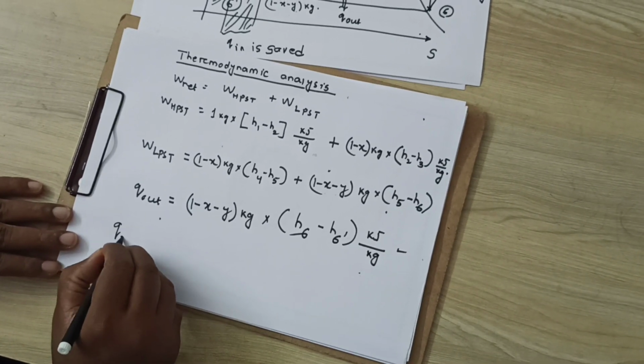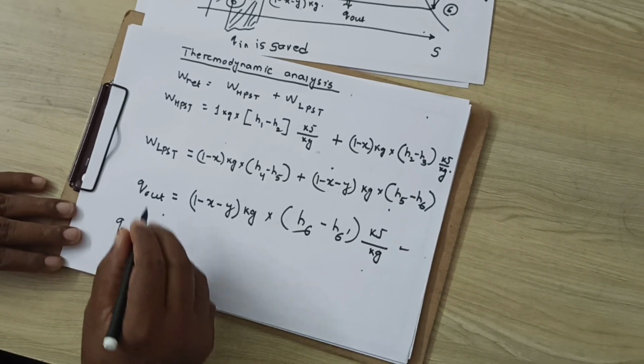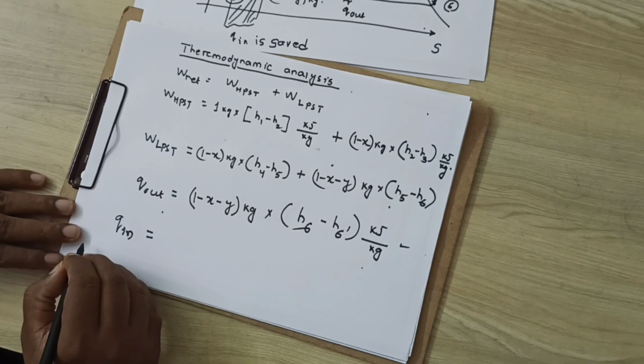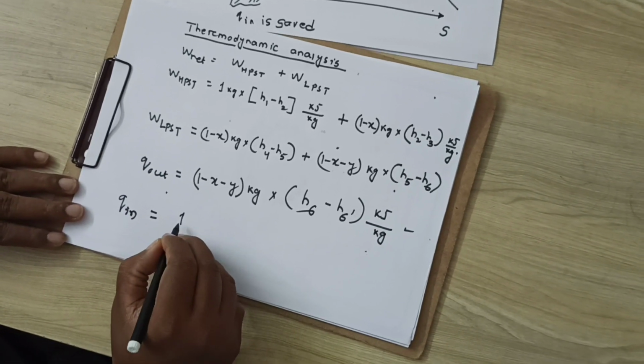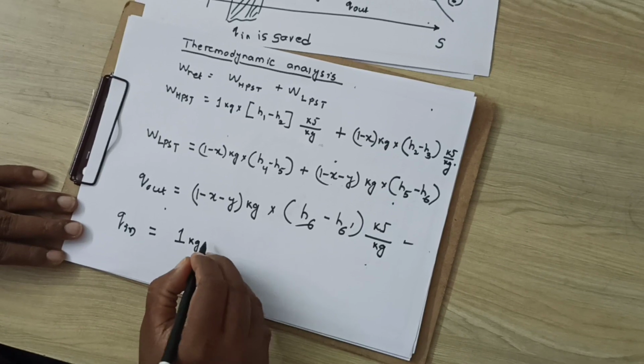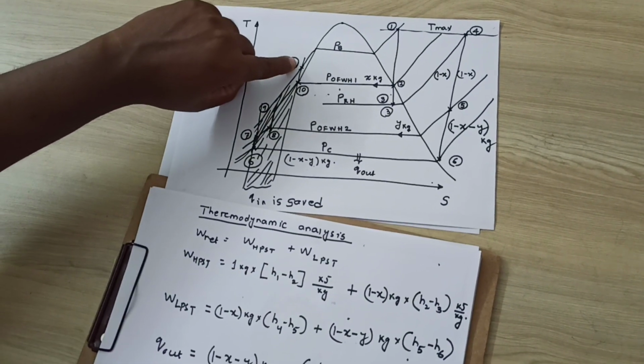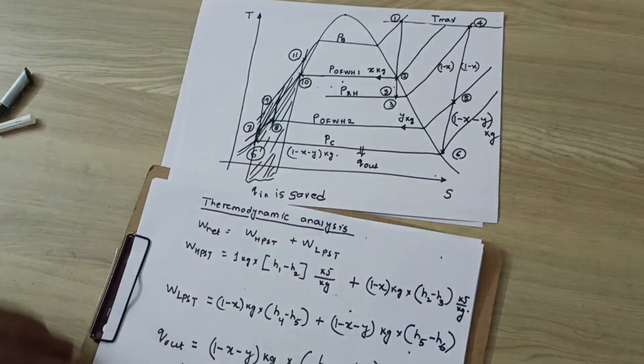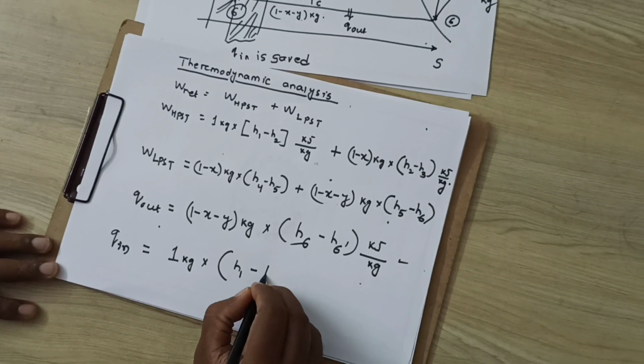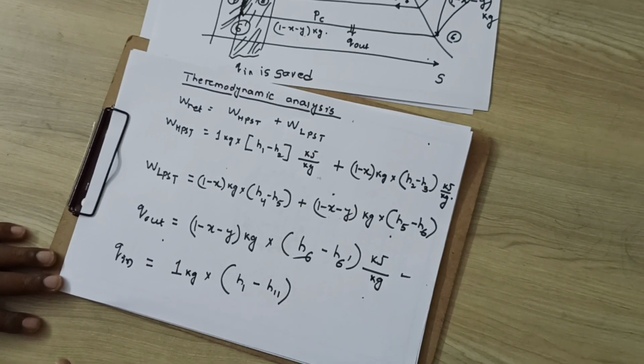Then heat input Q in. Q in will be, here that will be a substantial decrease. Here you see 1 kg of steam into H1 minus H11.